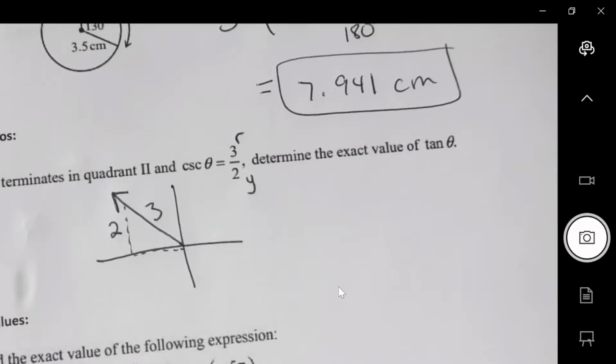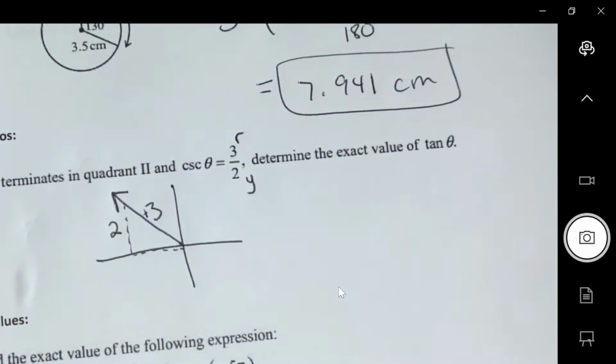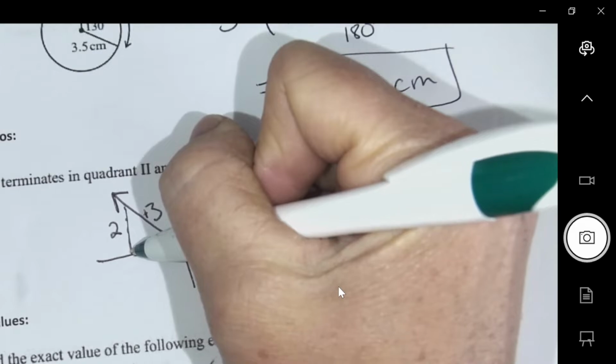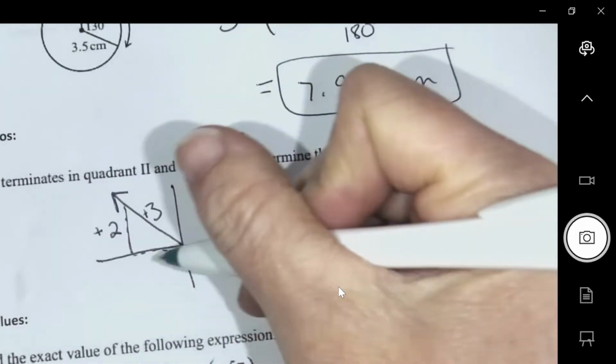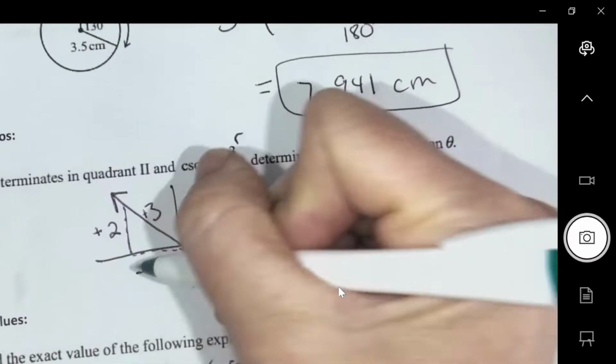What do you know about positives and negatives? Well, no matter what, r is positive. R is always positive. This y is located up, and this x is located left.